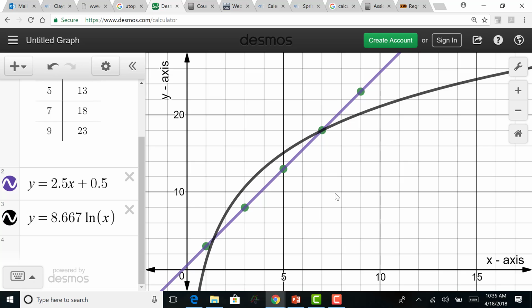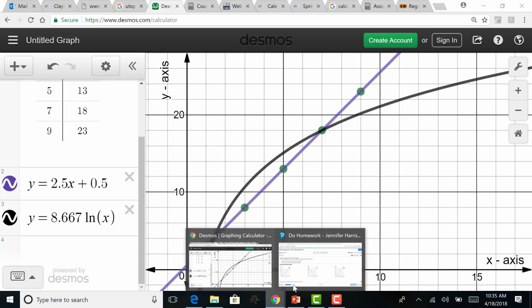Or how close, which one of these graphs gets the closest to all the points? Questions? Okay, so far so good, right? This doesn't sound difficult at all. I consider this an easy one.